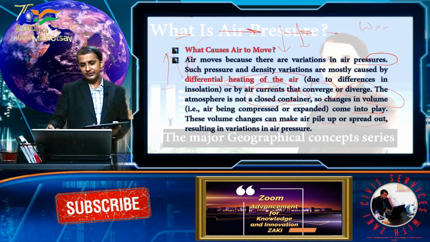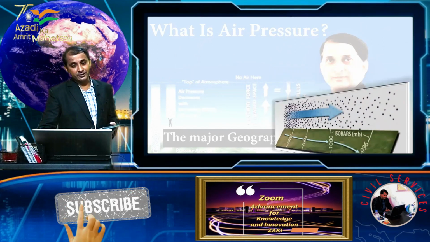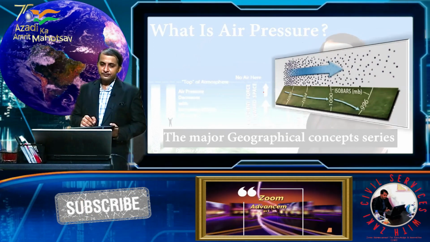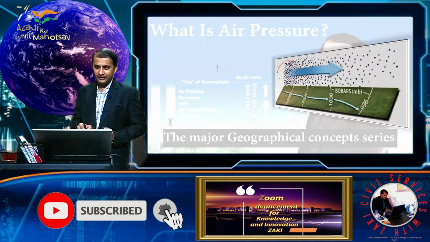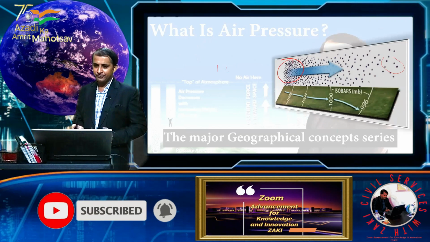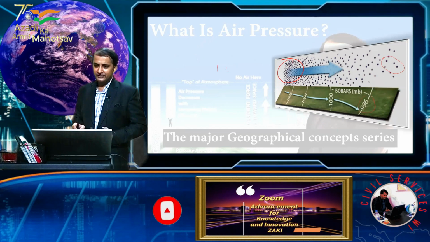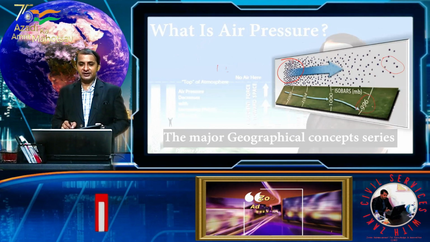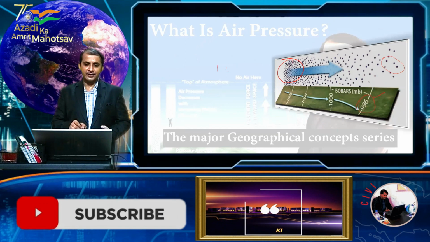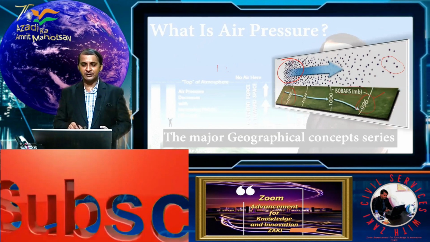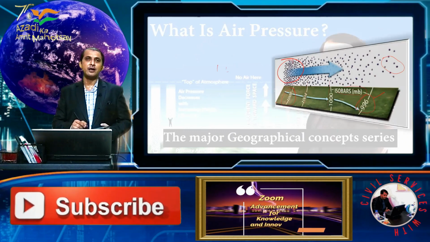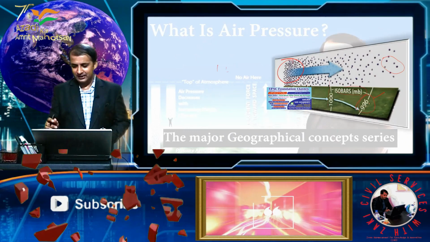So see how they create this. Here is the high pressure area, and here is the low pressure area. This is 996 millibar, and this is 1008 millibar, and these are isobars. Lines of the same pressure are called isobar lines.